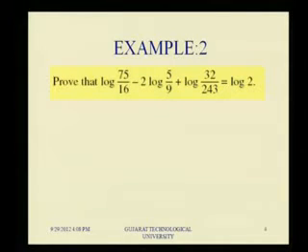Here we want to prove log 75 over 16 minus 2 log 5 over 9 plus log 32 over 243 equal to log 2. We will discuss this example on table. Question is log 75 over 16 minus 2 log 5 over 9 plus log 32 over 243 equal to log 2.